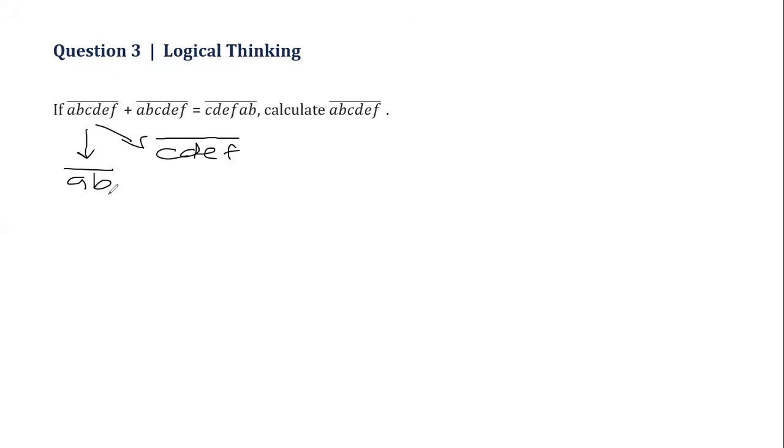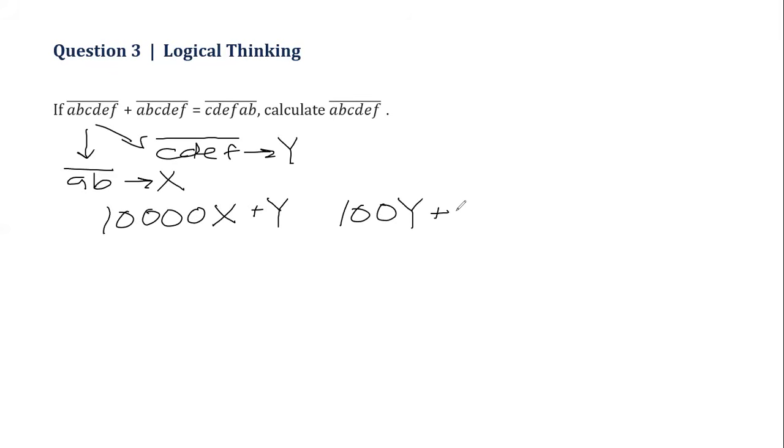I'm going to label this as big X, and I'm going to label this as big Y. So we can represent ABCDEF as 10,000 X plus big Y, and we can represent CDEFAB as 100 big Y plus X.